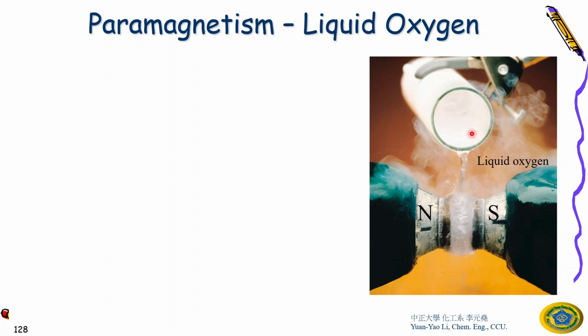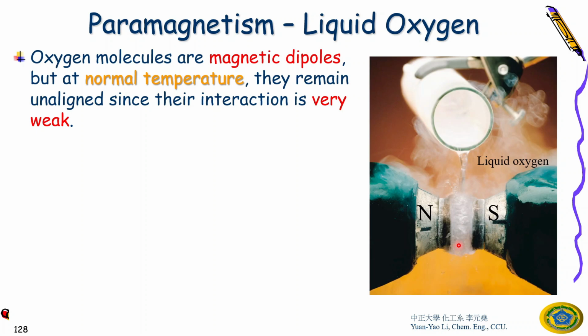Once the oxygen molecules meet the magnetic field, the oxygen will align, and this liquid oxygen will stay here. It won't drop. If you don't apply a magnetic field and you pour the liquid oxygen through this channel, the liquid oxygen will drop. But once you apply a magnetic field here, the liquid oxygen will stay. That's a very good experiment to show you that oxygen has the property of paramagnetism, which is a paramagnetic material.